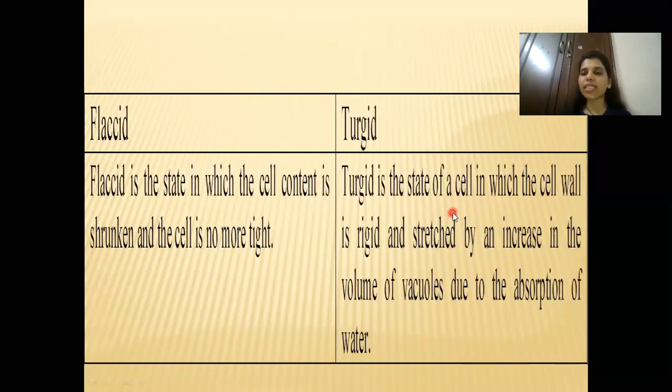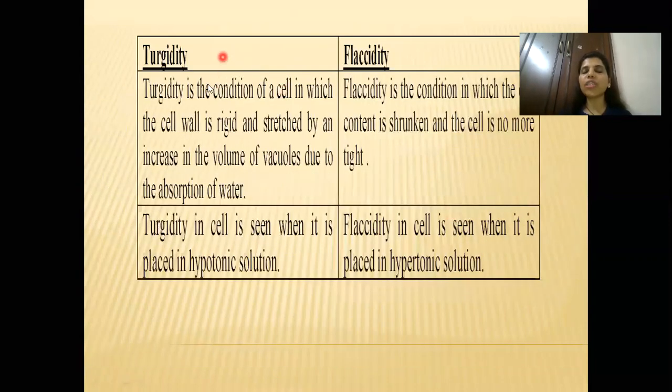So whenever state is used, because it will be asked in the name the following. So whenever it is denoted with the word condition in the name the following, what is the condition of the cell? So you have to use the word turgidity. And if they say what is the condition of the cell when it is shrunken, then you have to use the term flaccidity. You will not be getting marks if you write flaccid or turgid when the word condition is used.